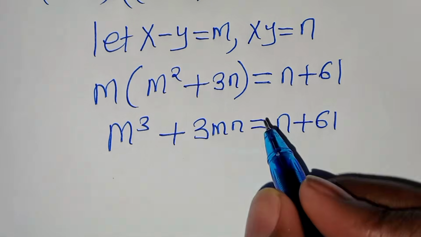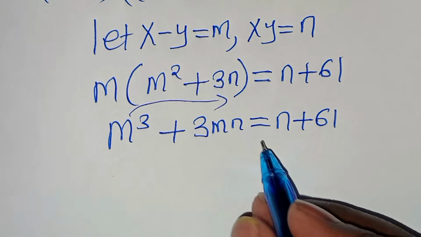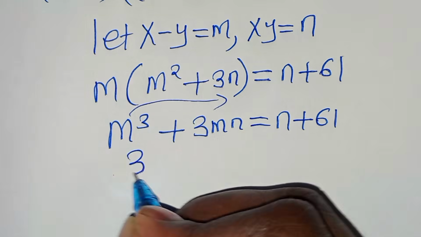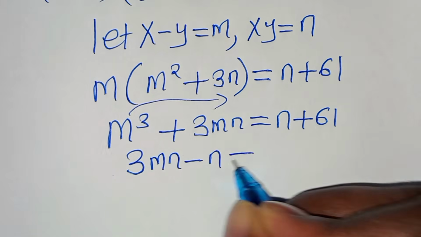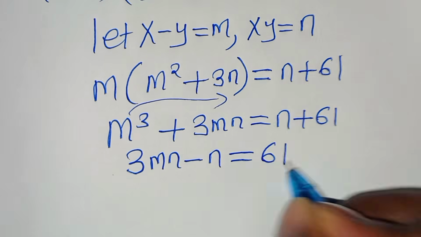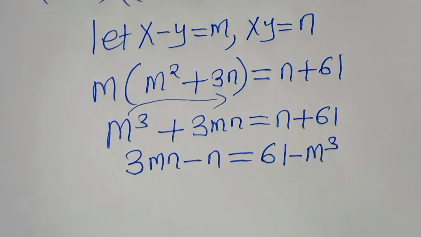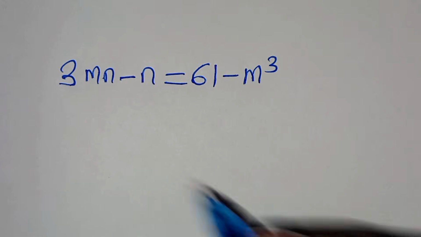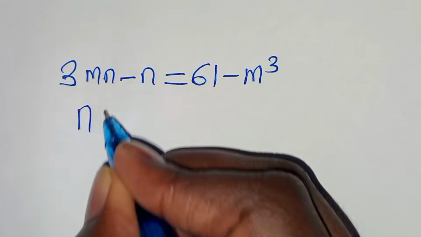Now the next step is that let's take m to the power of 3 to the right hand side, so that we have 3mn minus n equal to 61 minus m to the power of 3. Here we have 3mn minus n; n is common, so we factor out n.